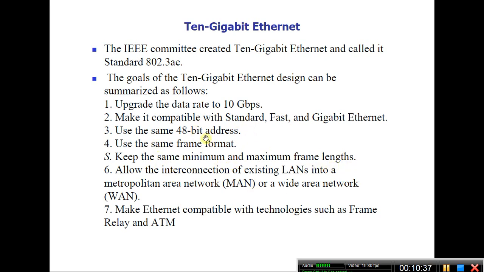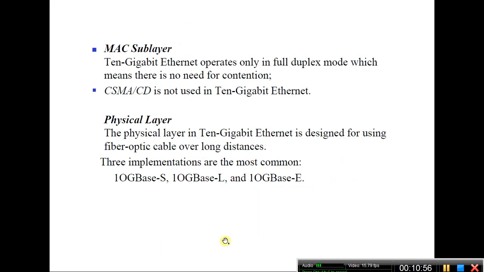So it supports all the characteristics of standard, fast and gigabit Ethernet. Allow the interconnection of existing LANs into a MAN, metropolitan area network, or wide area network, and make Ethernet compatible with technologies such as frame relay and ATM.